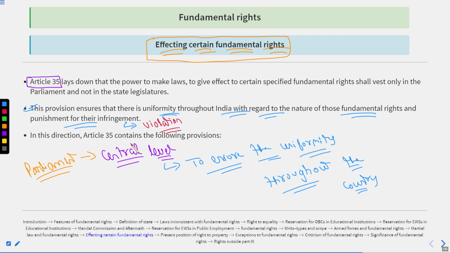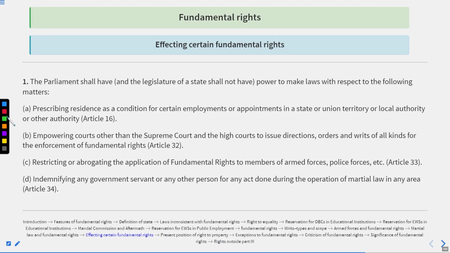In this regard, Article 35 contains the following provisions. First, the Parliament shall have, and the legislature of a state shall not have, the power to make laws with respect to the following matters. It means the power is with the Parliament, not granted to the state legislature. The first matter is prescribing residence as a condition for certain employments or appointments in a state or a union territory or a local authority or other authority under Article 16.